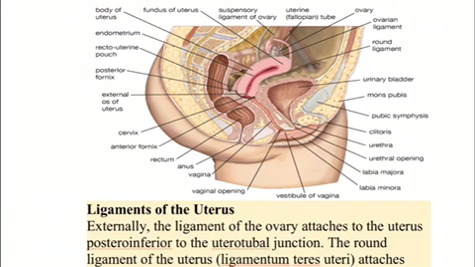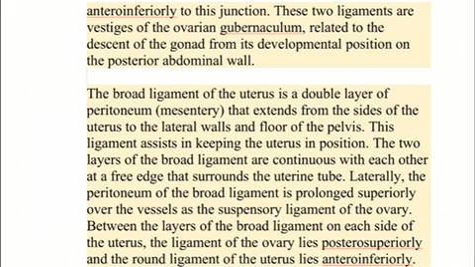Ligaments of the uterus. Externally, the ligament of the ovary attaches to the uterus, posterior inferior to the uterotubal junction. Very importantly, you have the round ligament of the uterus, what some call the ligamentum teres uteri. The round ligament of the uterus attaches anterior inferiorly to the uterotubal junction.